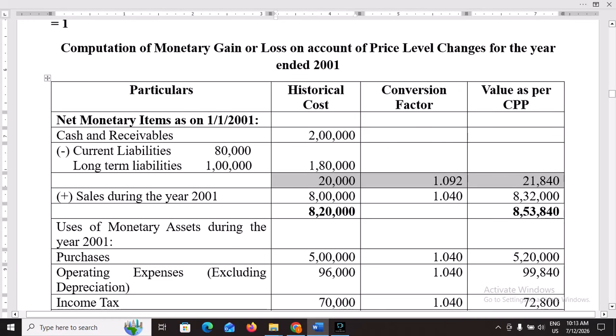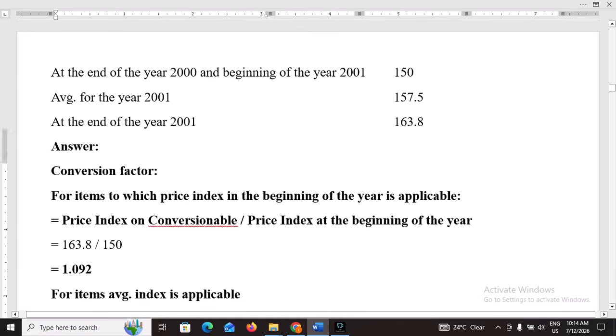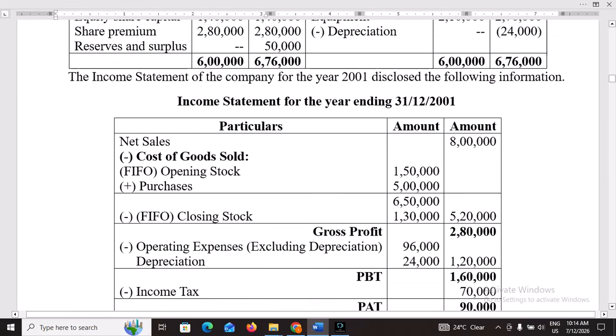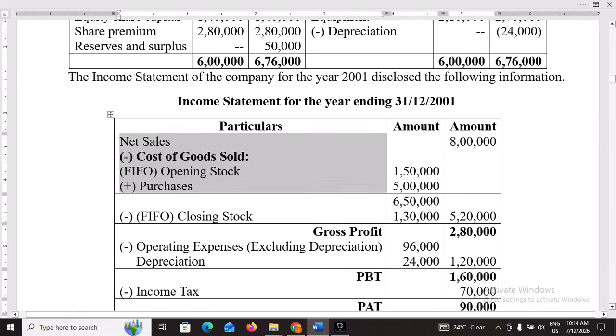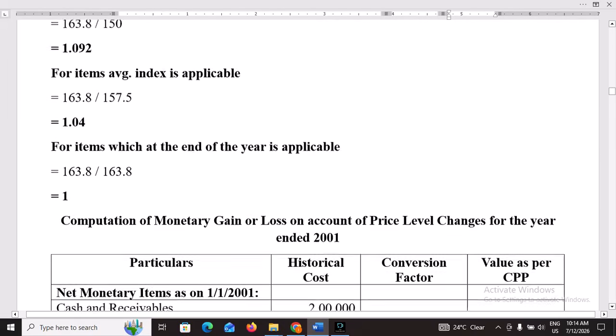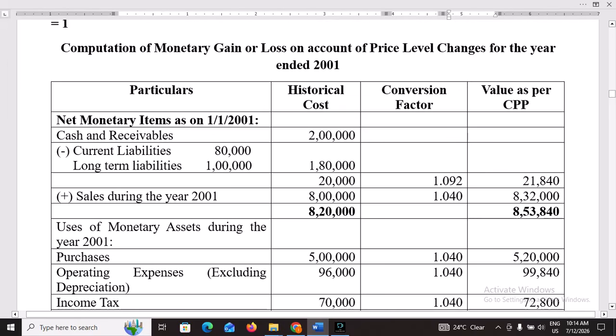Done. Now plus sales during the year 2001. This is the net sales during the year, which is 8 lakh. During the year means average rate applicable.